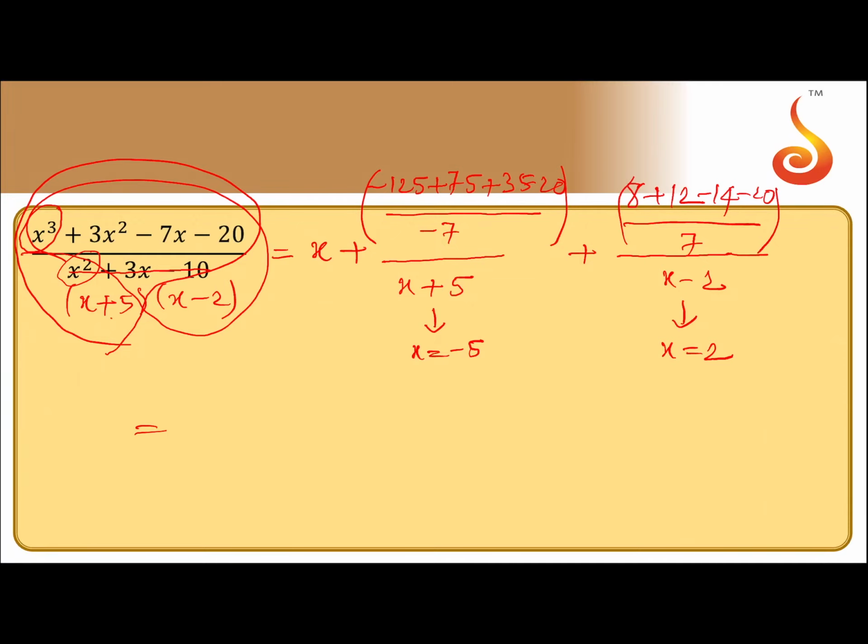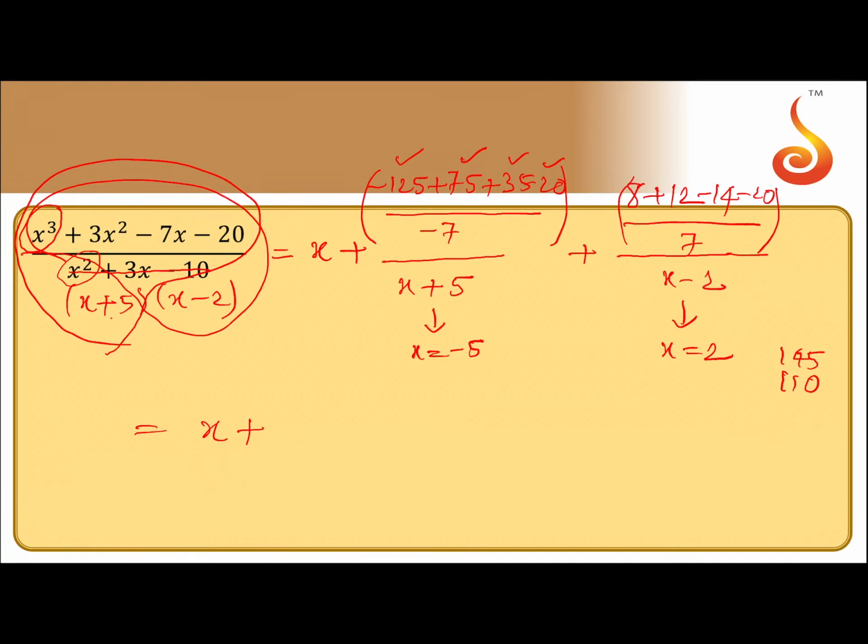On simplifying, 75 plus 35 is 110, and minus 125 minus 20 is minus 145.